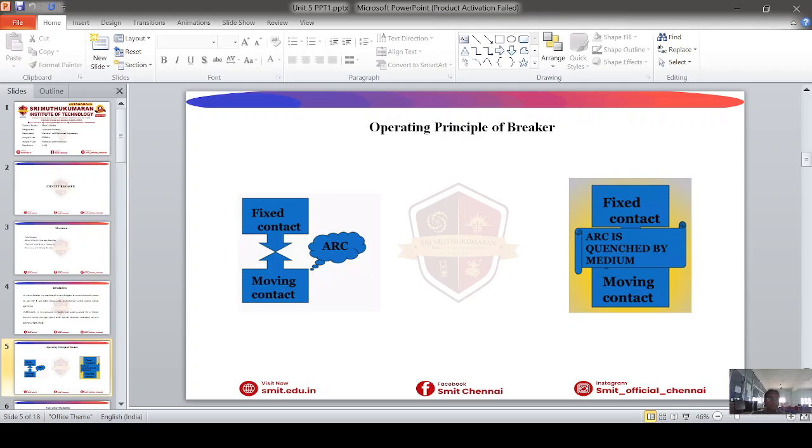Operating principle of circuit breaker. A circuit breaker works using stationary and movable contacts. The movable contact opens and closes the circuit using stored energy, that means a spring or air.